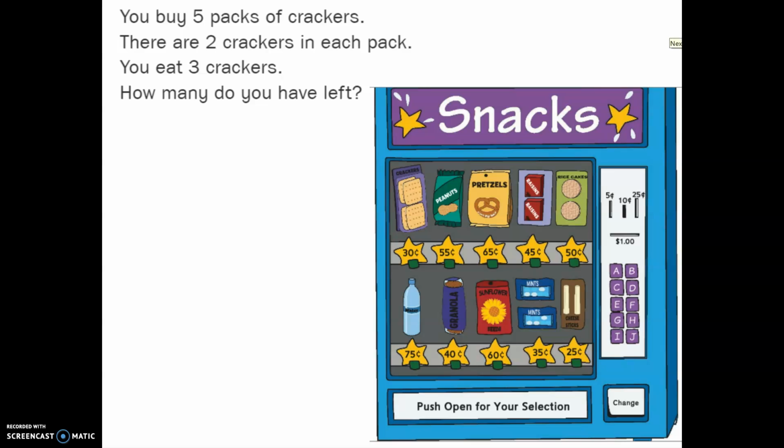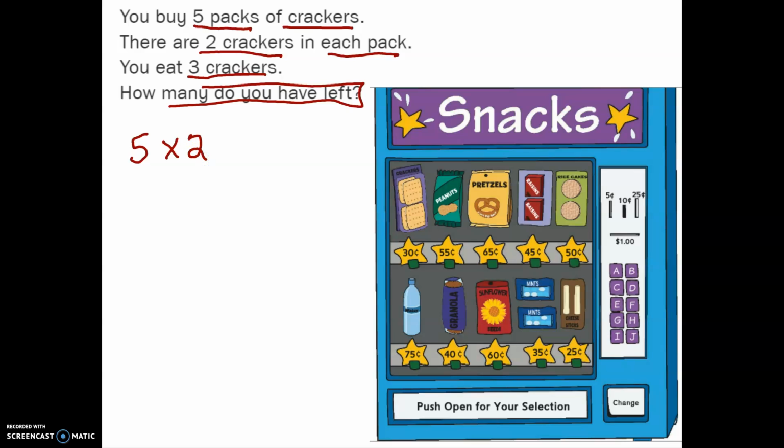Here's another. I'm going to buy 5 packs of crackers. There are 2 crackers in each pack, and you eat 3 of them. How many do you have left? So we're just working on crackers. And I'm buying 5 packs. And there are 2 crackers in each pack. So 5 groups of 2 is going to be 10.